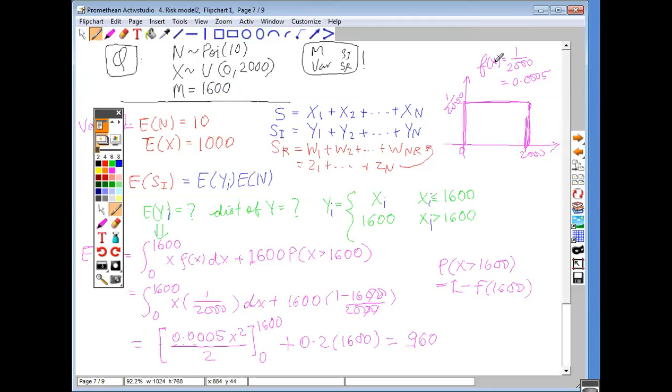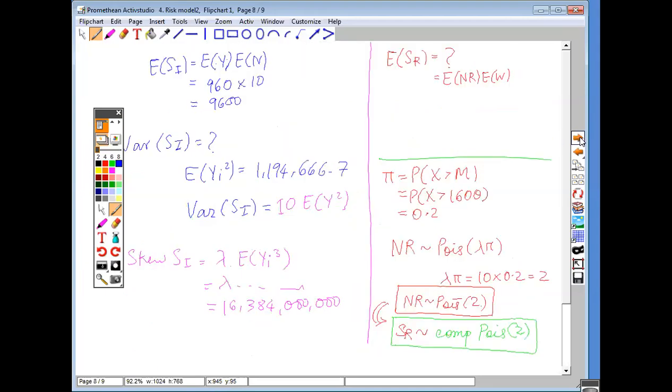We have a uniform distribution, and for a uniform distribution, irrespective of the value that my x variable takes, my f of x is always going to be 0.0005, but only within the range of 0 and 2000. The rest of the time, it's going to be 0. Does this make sense to everyone?